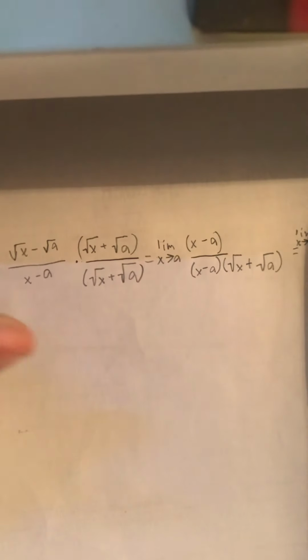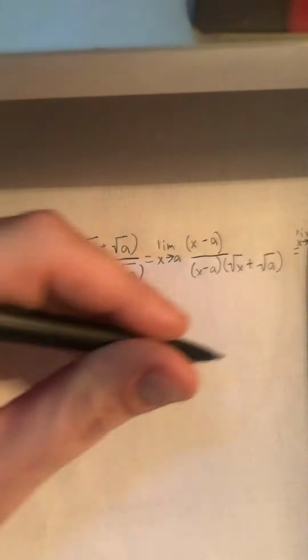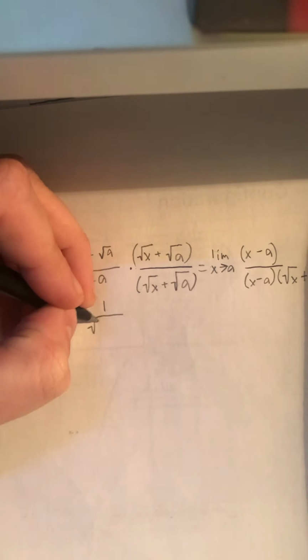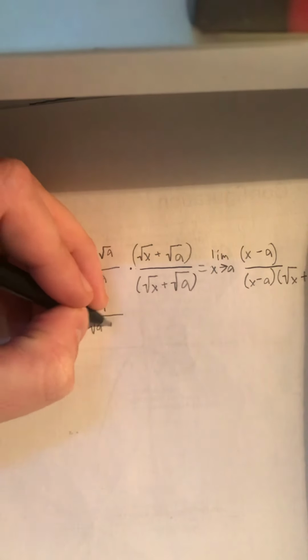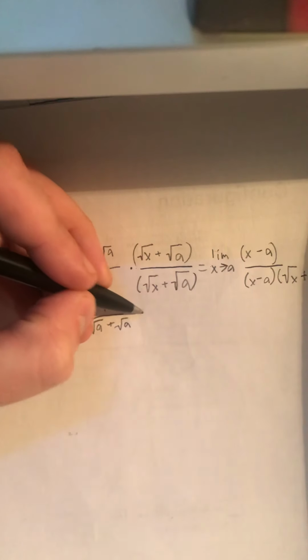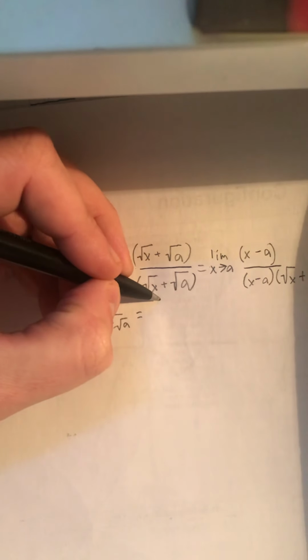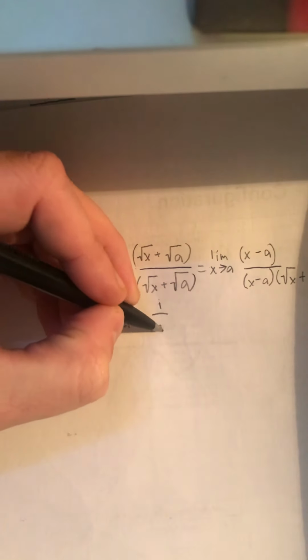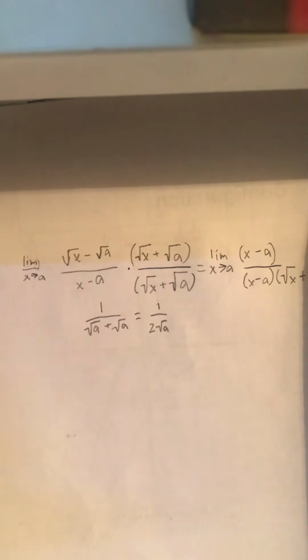So taking this to the limit, a plus a equals 2a.